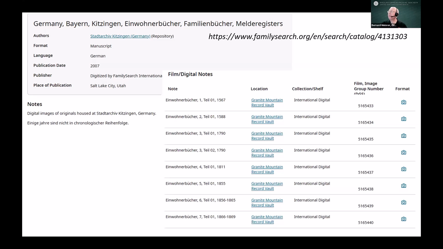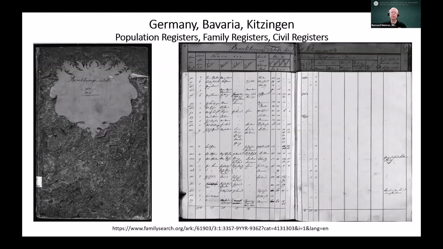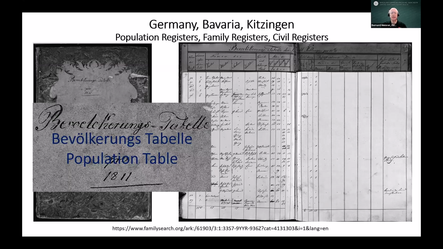These are in sort of paragraph form, difficult to read, but you can get to the more recent ones. There's one, for example, in 1811, and it has the images. There's the book, and there's the page. The information actually spans 2 pages, but there's not much on that second page. It's the Bevölkerungs table, the population table for 1811.